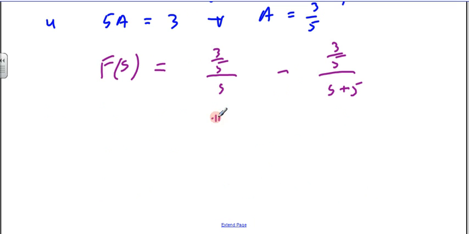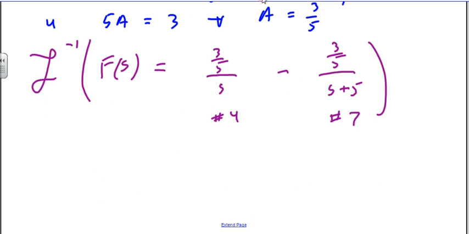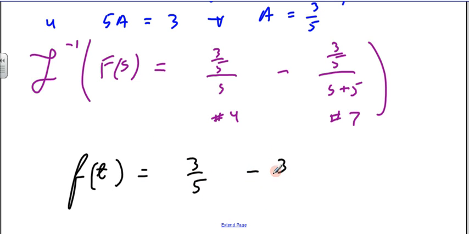Number 4 and number 7, and we end up taking the inverse Laplace transform of everything, and we end up with f of t is equal to 3/5 minus 3/5 e to the minus 5t. Now, again, we'll just check it in the back of the book. So check back of book. So that guy checks, so he's okay. 22.